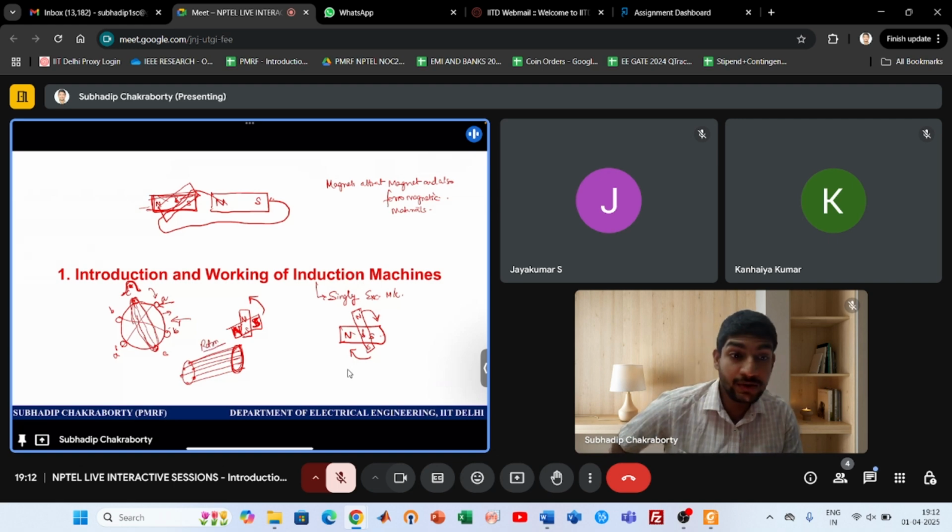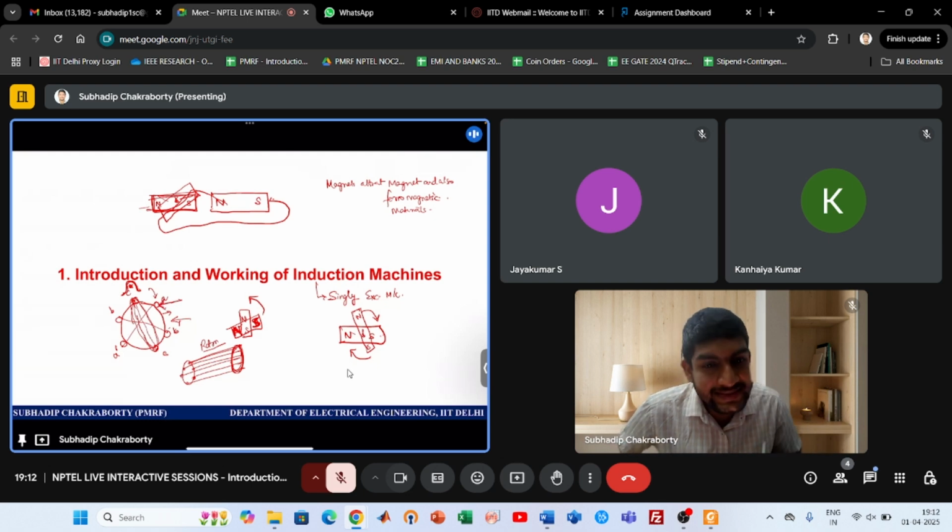This is a rotor structure, but you are not energizing the rotor. So it is becoming a singly excited machine. You are only exciting or energizing one circuit, which is the stator circuit. Unlike the synchronous machine, which we will learn has two energizing circuits, one stator, one rotor. So can you tell me who is producing the field here?